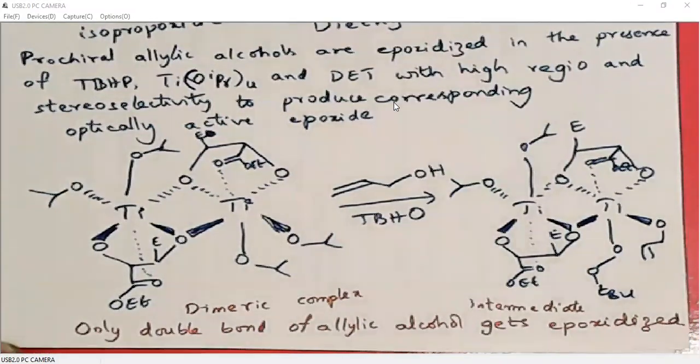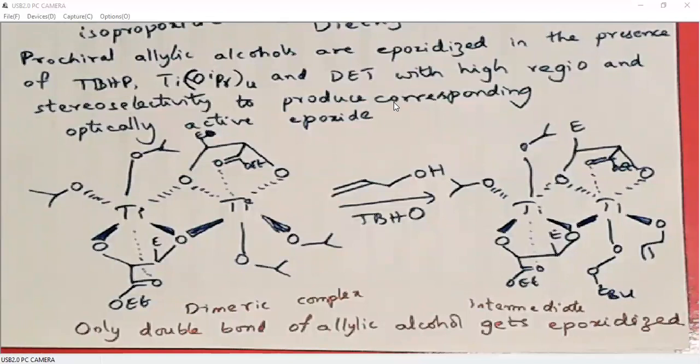So only allylic alcohol gets epoxidized. If it is homoallylic alcohol or something else, it is not possible to epoxidize using SAE conditions. Only the double bond of the allylic alcohol will undergo epoxidation because in this complex structure, this double bond will be placed near the oxygen.